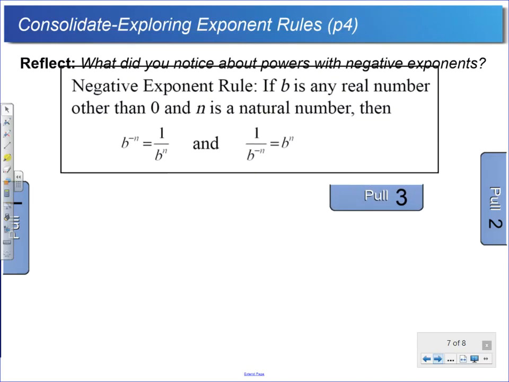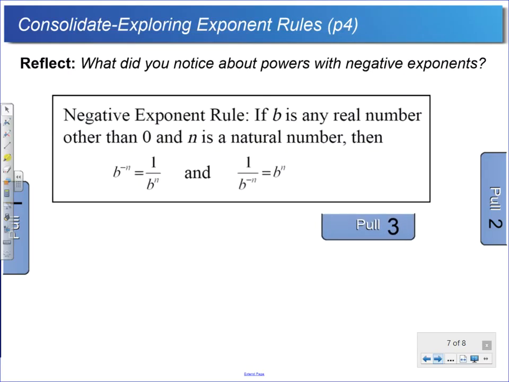So in general, this is your negative exponent rule. Okay. So if B is any real number, and a real number basically means any number, as far as our definition of number is concerned, other than 0, so we're going to use non-zero values as our base, and n is a natural number.